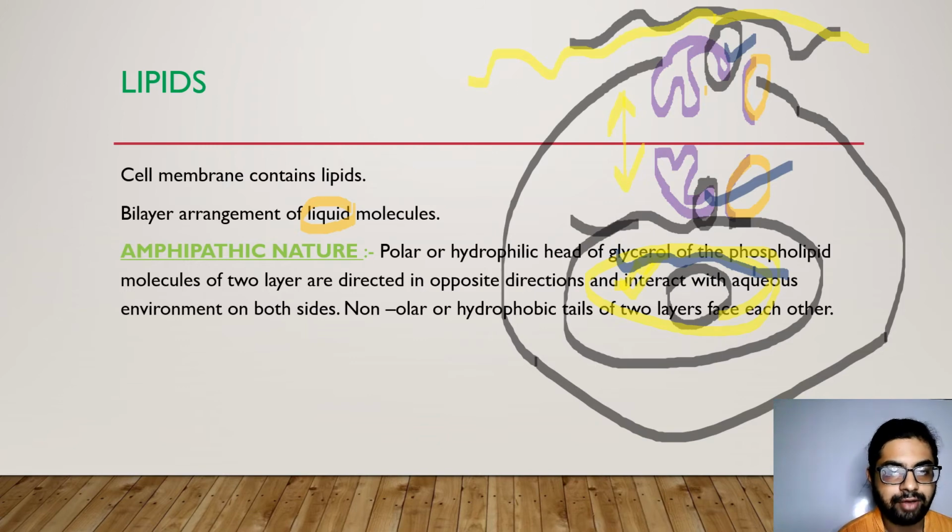And likewise, these non-polar hydrophobic tails are facing each other. These hydrophobic tails are facing each other. So this is the assemblage or the ultrastructure of the plasma membrane, preliminarily described by some Dutch scientists.